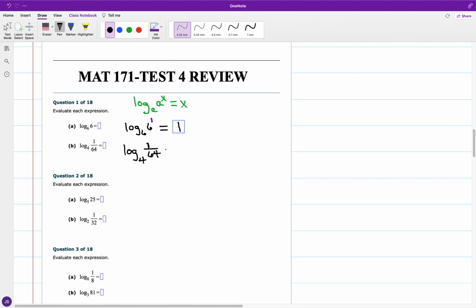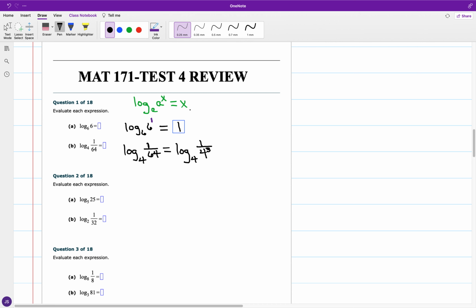Now we have a fraction, and if I rewrite 1/64 in terms of base 4, I have 64 in the denominator, and 64 is both a multiple and an integer power of 4. So 1/64 is going to be 1 over 4 to the third.